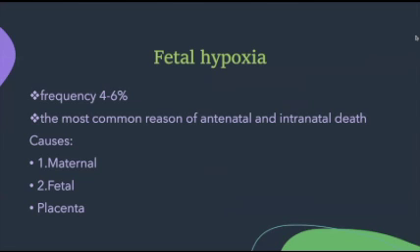It is the most common reason for antenatal and intranatal death of the fetus. Hypoxia means insufficient oxygen supply and or utilization by tissues. The causes can be maternal, fetal, and placental.